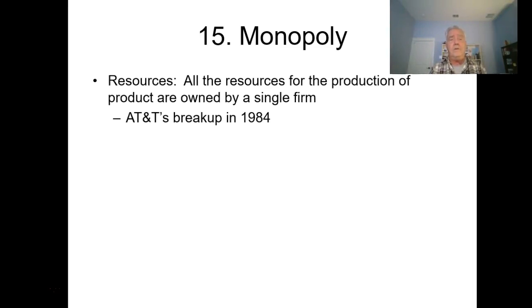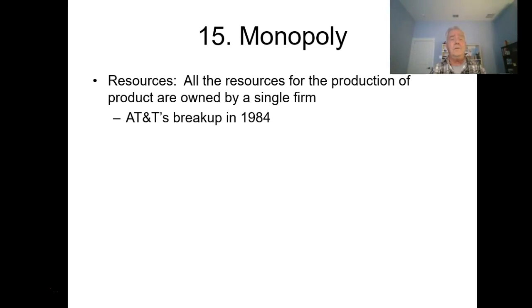Resources. You can have a monopolist if all the resources are owned by a single firm. Classic example is AT&T. They were broken up in 1984. Prior to 1984, AT&T owned all the copper, all the phone lines in the US, Canada, and even had an international cable going over to Europe.